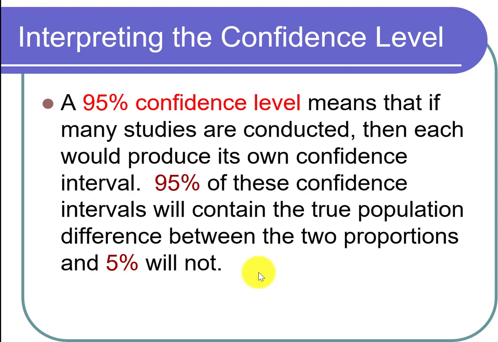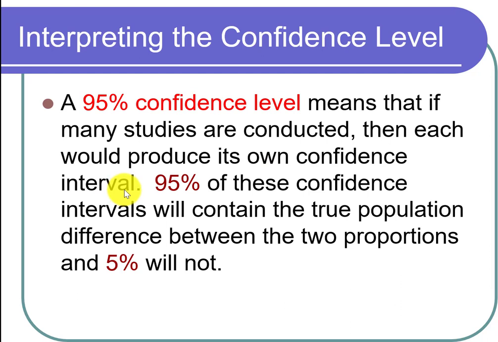So for confidence intervals in particular, often, again, we use a 95% confidence level. That's standard, but you could go higher or you could go lower, similar to one sample. And it means that if many studies are conducted, then each would produce its own confidence interval for the difference between the two.